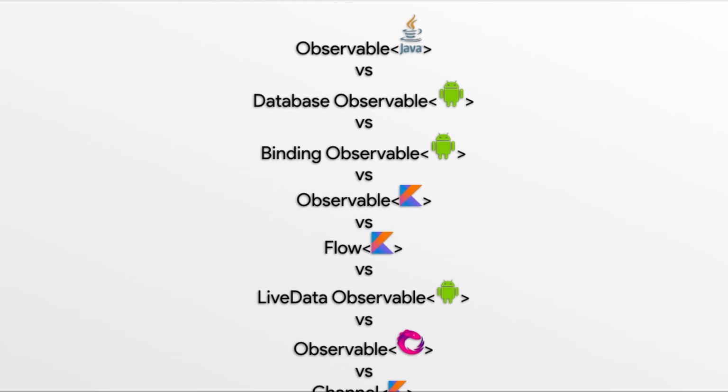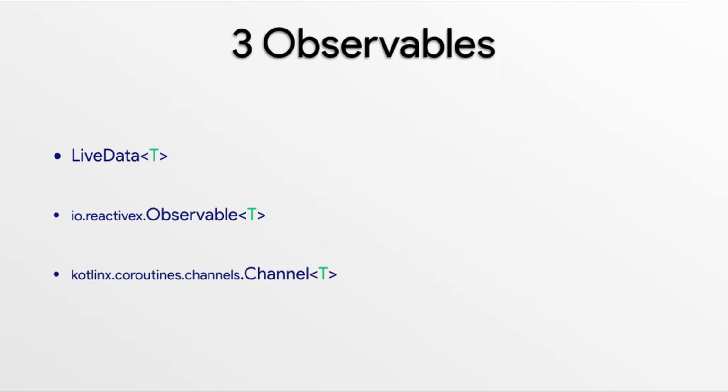If I had time, I would have given this talk on observables in general. But these are the three I will be talking about today: LiveData, which is an observable, you'll see later why; then Rx Java, this is the big boy; and finally, Channel, on Kotlin coroutines.